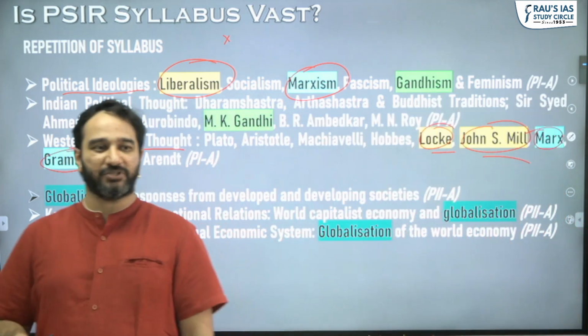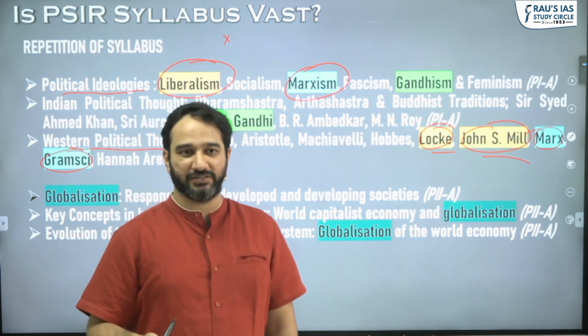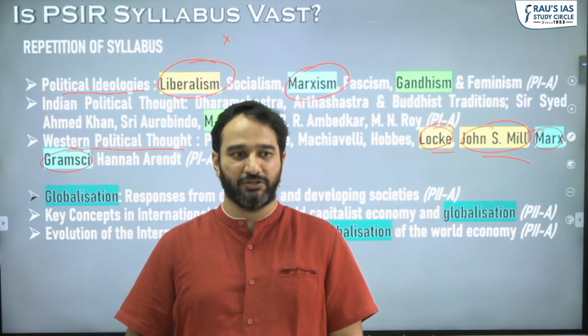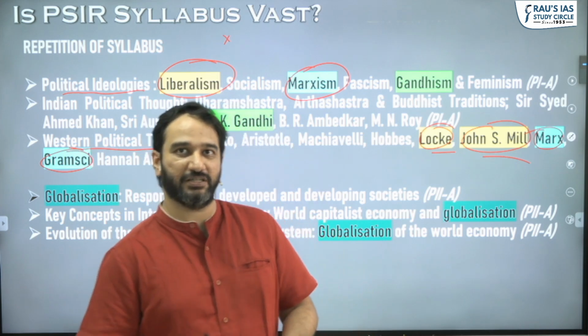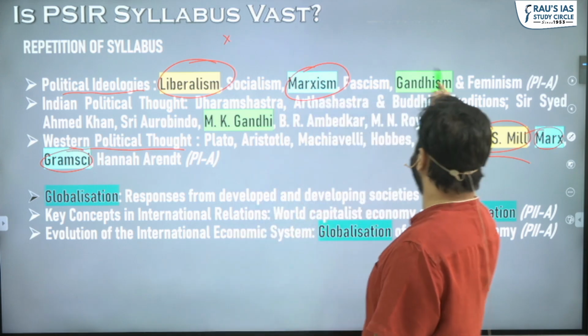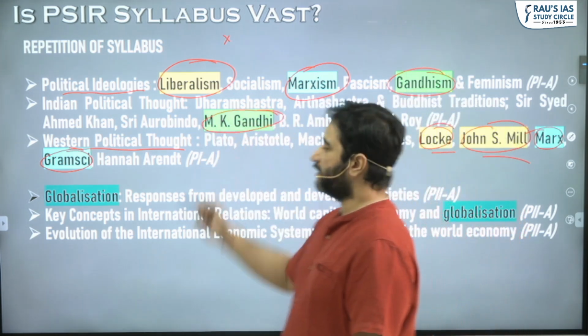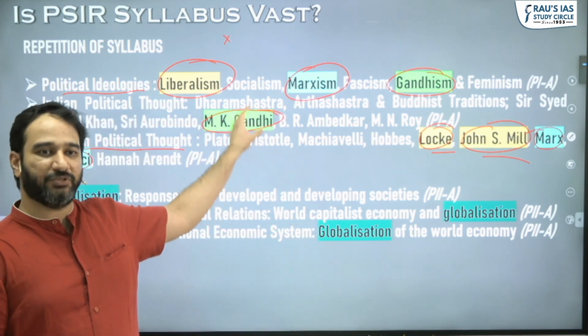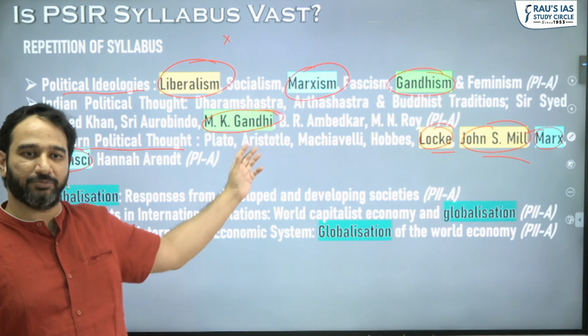I'm not going to teach them separately. When I'm teaching Marxism, I'll be teaching Karl Marx and Gramsci. So within the PSIR syllabus there is a lot of repetition. When you're learning Gandhism, there's no Gandhism without Mahatma Gandhi, which is given in Indian political thought. So when I'm teaching Gandhism or Mahatma Gandhi, I'm teaching them together.